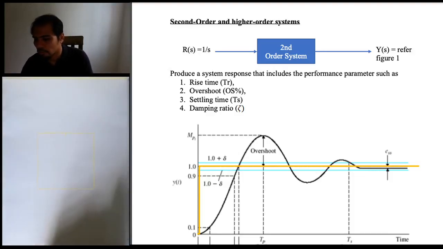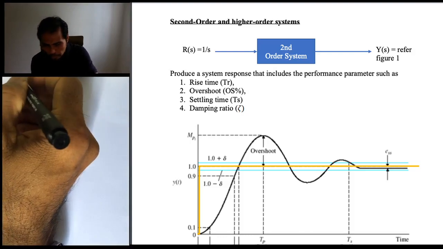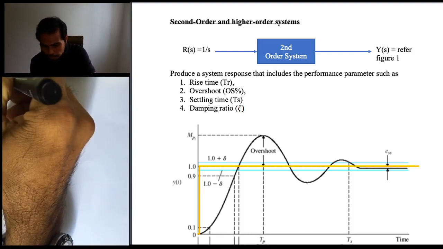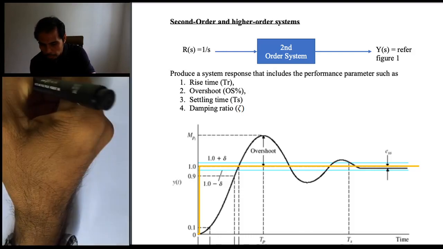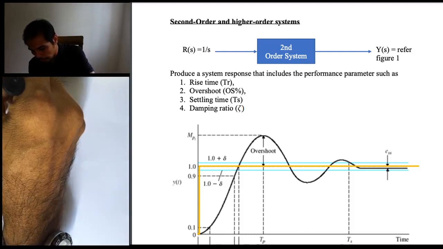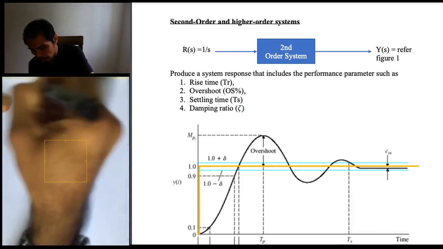Okay, now we change the value of M, K, and FV to different values. Let's say we change to M equal to 2. So yeah, M's 2 kilos. I don't want to put the unit there.